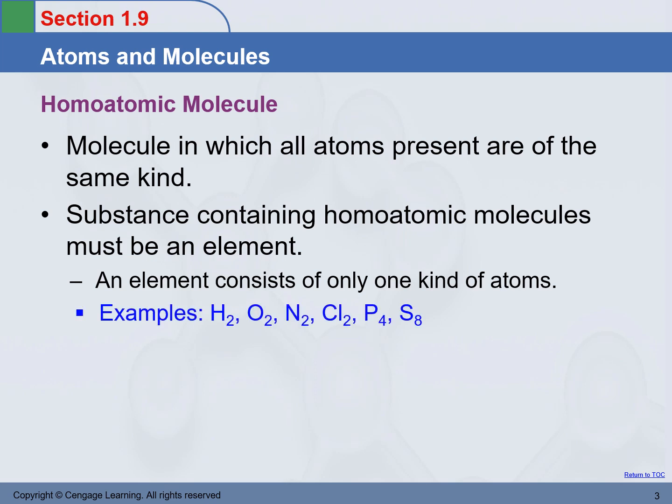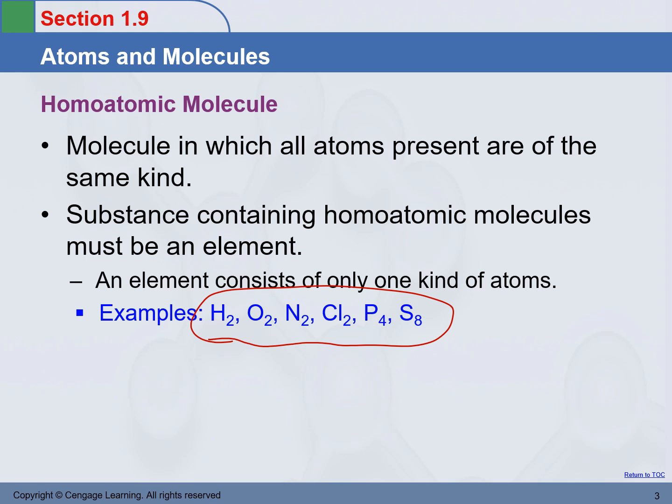Here are some examples of homoatomic molecules. Some of you may ask, what are all of these? These are called chemical formulas. Chemical formulas are formulas that chemists use to represent a substance.